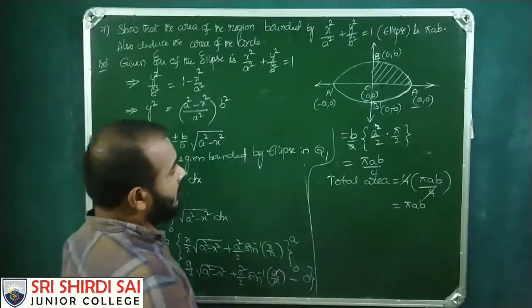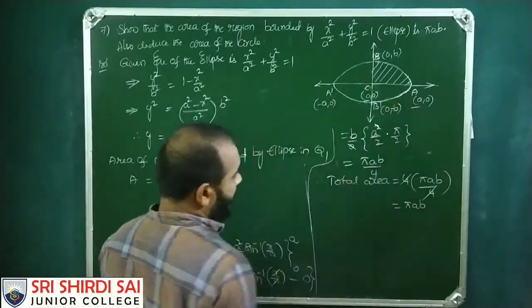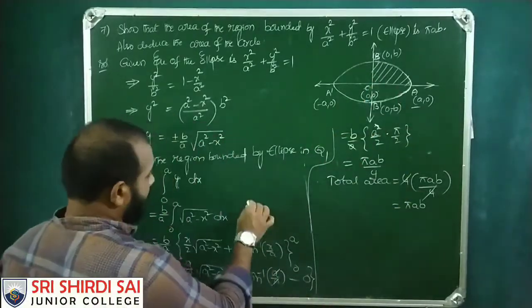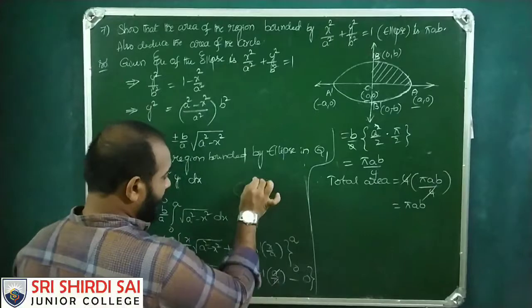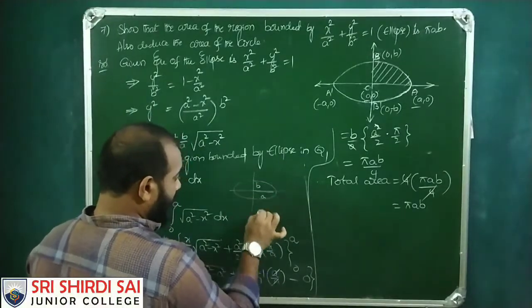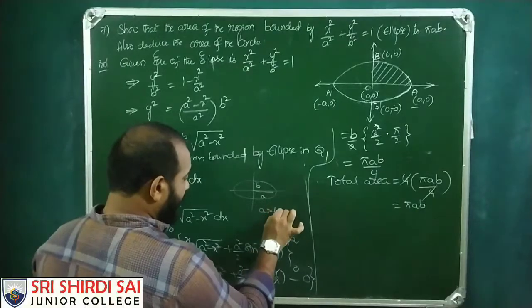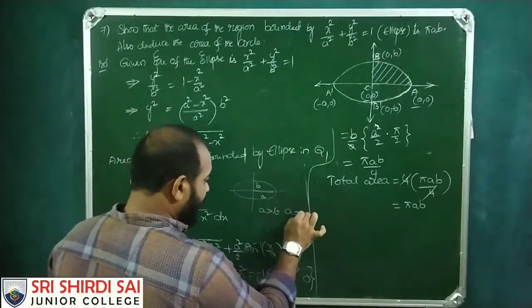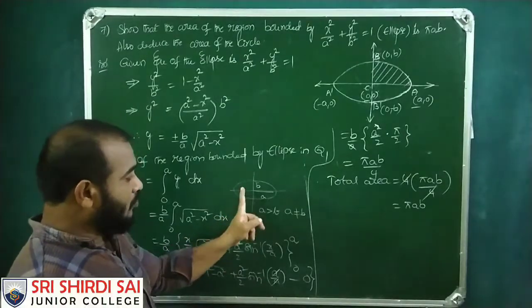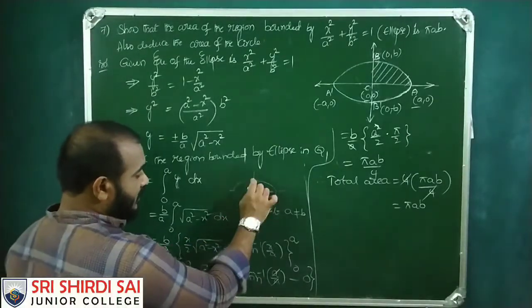Not only this, we also deduce the area of the circle. For the ellipse to be a circle, here this is A and this is B. A is greater than B, otherwise in essence A is not equal to B. For this ellipse to be a circle, this and this should be equal.